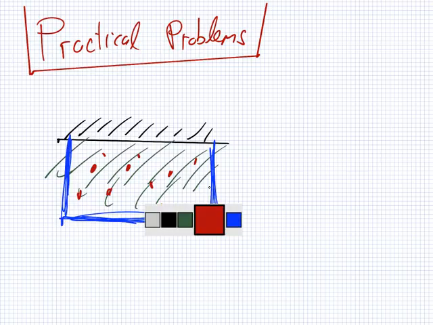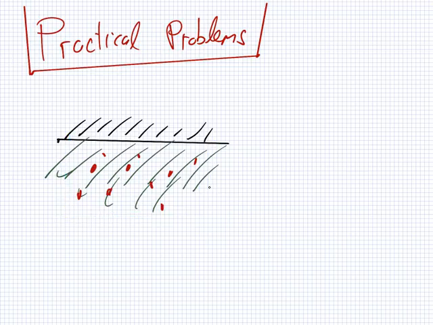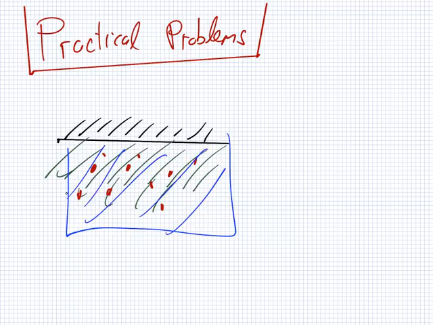A bad shape would be this. If he made the fence like this, this is quite bad because it doesn't cover so much. Likewise, a shape like this is quite bad. We want to find a shape that covers the most.